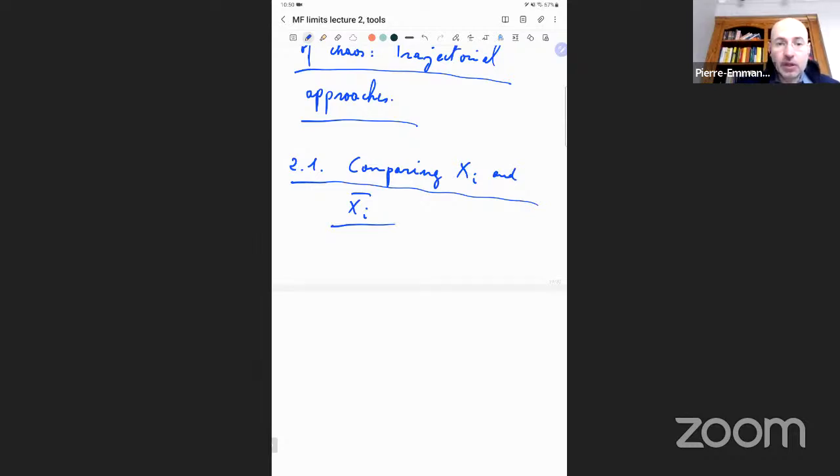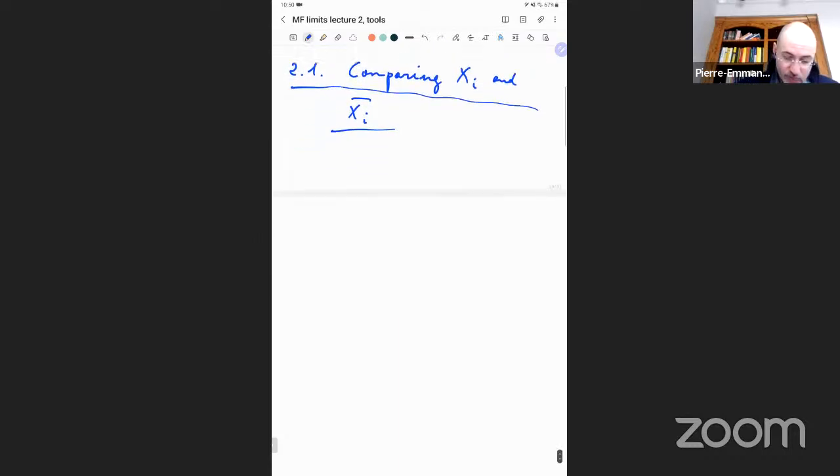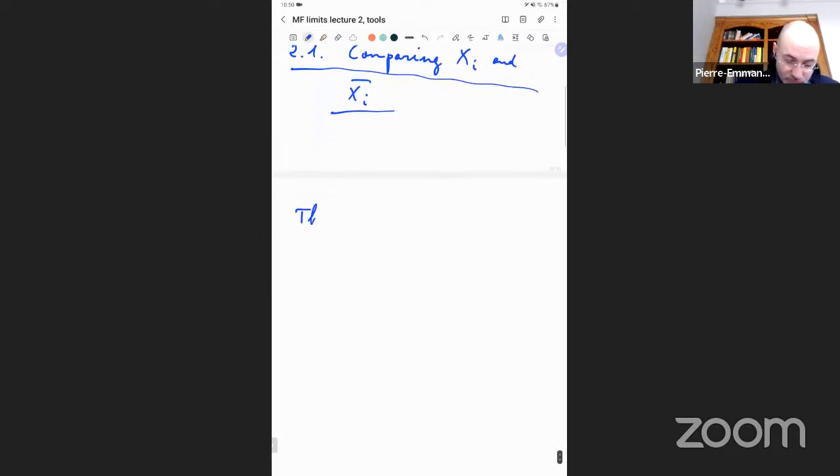So this is the simplest, right? Because well, we have them, we have the xi and we have the x bar. So this is a very straightforward idea.